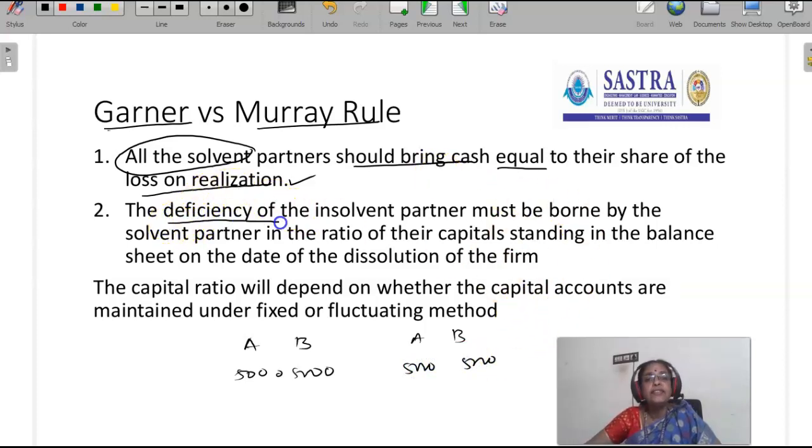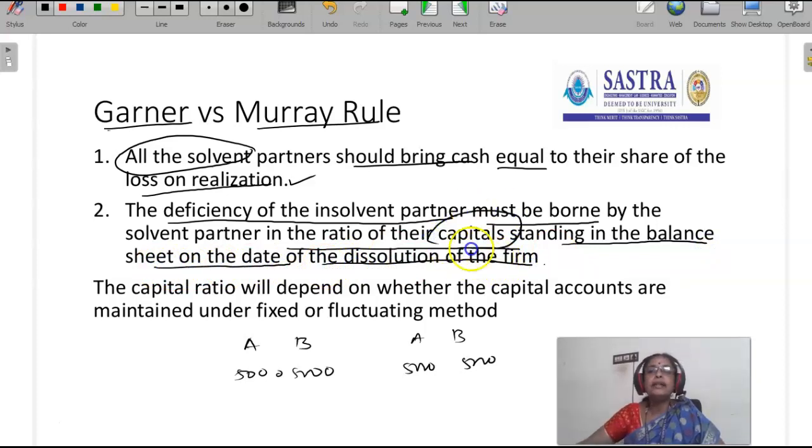Second rule, the deficiency of the insolvent partner must be borne by the solvent partners in the ratio of their capital standing in the balance sheet on the date of the dissolution of the firm. This is called the then capital. That means, on the date of dissolution, what is the position of the capital?